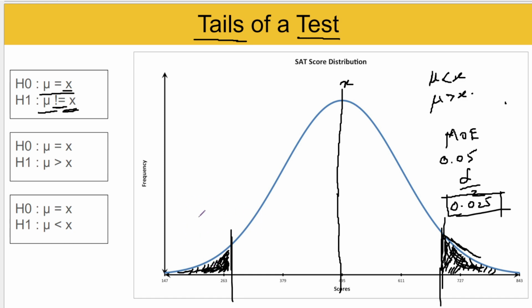But in case mu is greater than x, I will give you a hint. If you don't remember which side of the tail we are going to test, look at this arrow. Suppose this arrow is greater than. In that case, this is your rejection area.